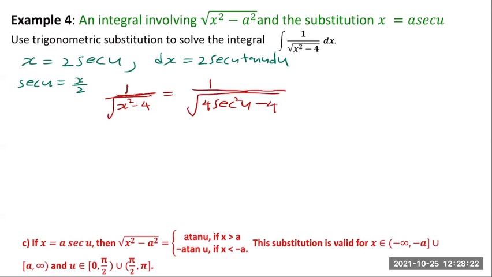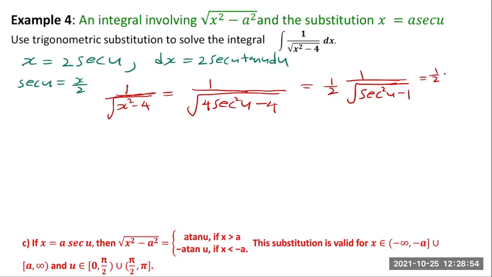This is equal to 1/2 times 1 over square root of secant squared u minus 1. Notice that when you use this secant substitution, your u is in the intersection of these two intervals. So that means we don't know what is secant squared u minus 1.